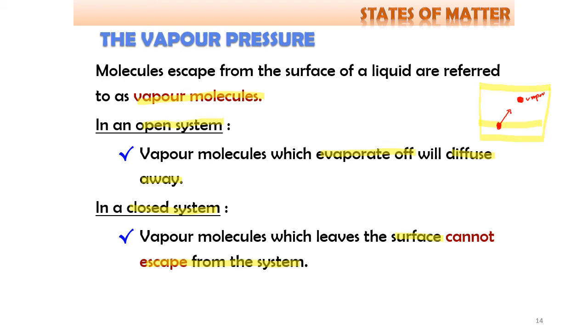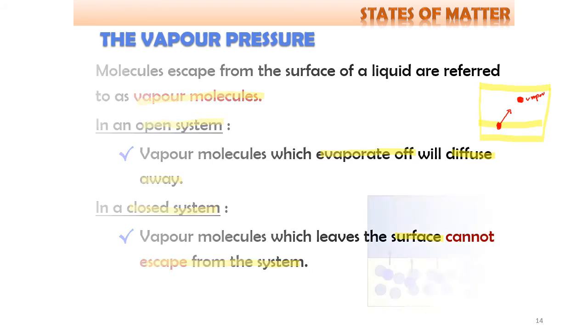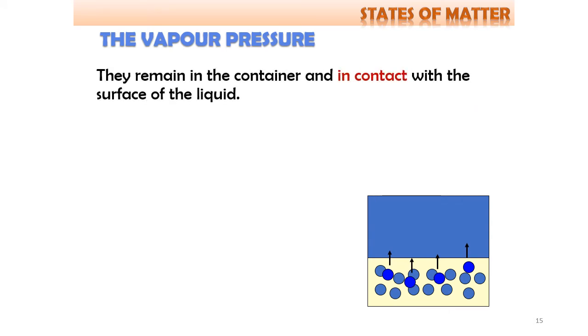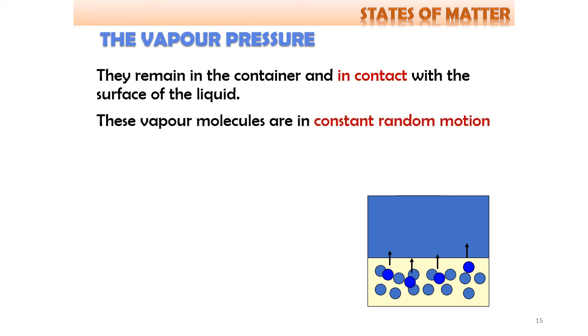Okay. So what happened is, they will remain in the container and in contact with the surface of the liquid. From the surface of the liquid, dia akan change to vapor molecule.